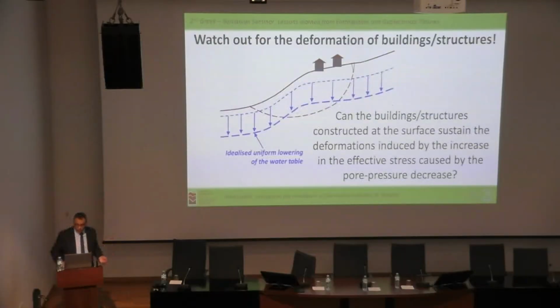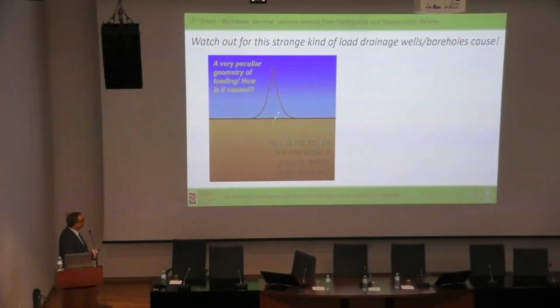If we were discussing stress-strain only, and we showed a kind of load distribution like this, everybody would say, wow, what sort of stress distribution is this? It's going to have some serious and very strange deformation patterns in our soil. And then people will tell me, come on, how is this going to happen? Well, this is going to happen if we are pumping.